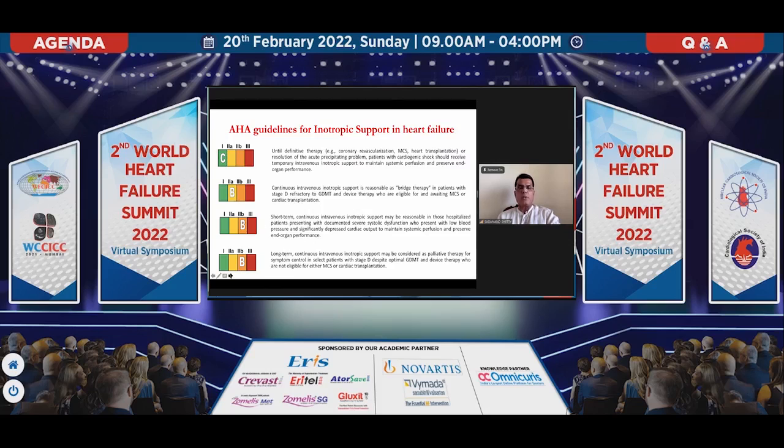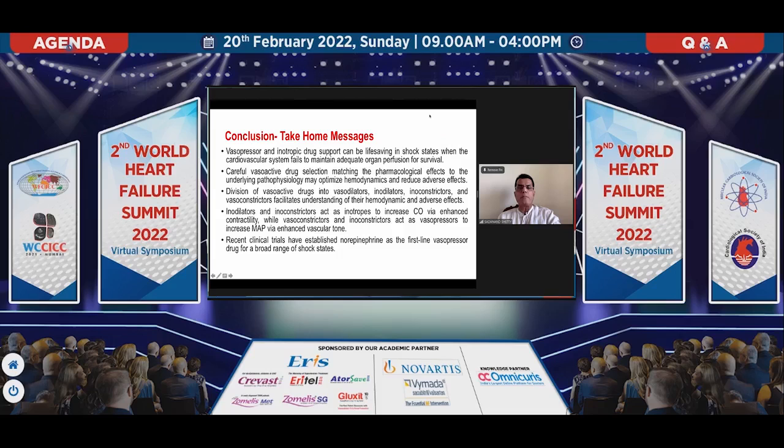So just to summarize, in the last slide: vasopressor and inotropic drug support can be life-saving in shock states when the cardiovascular system fails to maintain adequate organ perfusion for survival. Careful vasoactive drug selection, matching the pharmacological effect to the underlying pathology, may optimize hemodynamics and reduce adverse effects. Division of vasoactive drugs into vasodilators, inodilators, inoconstrictors, and vasoconstrictors facilitates understanding of their hemodynamic and adverse effects.